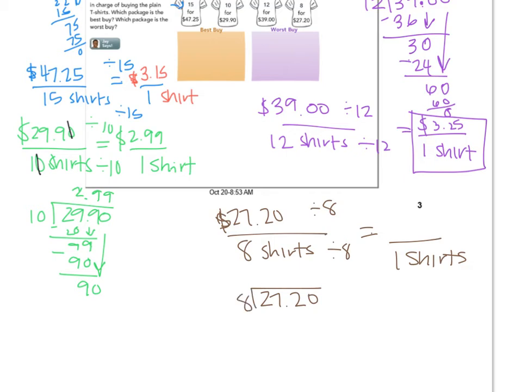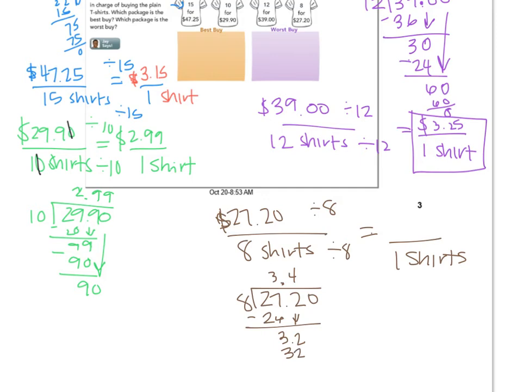8 goes into 27 3 times. 3 times 8 is 24, sorry. Subtract, we get 3. Bring down the 2. And make sure that you add that decimal at the top. It's going to go into that 4 times.